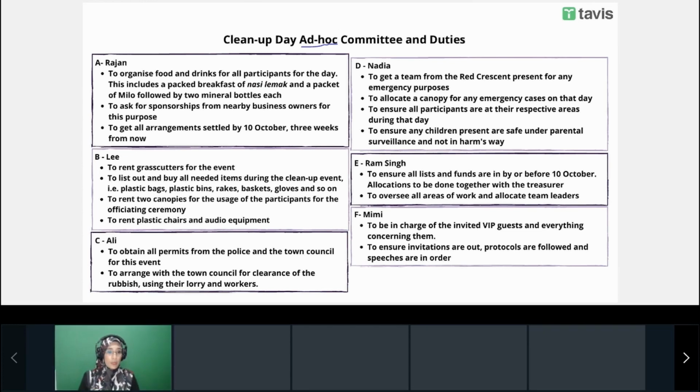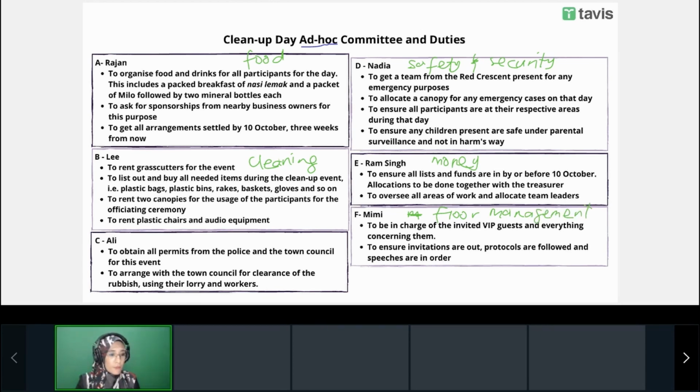This one says about food, this one about cleaning, this one about safety and security, this one about money, and this one about floor management.